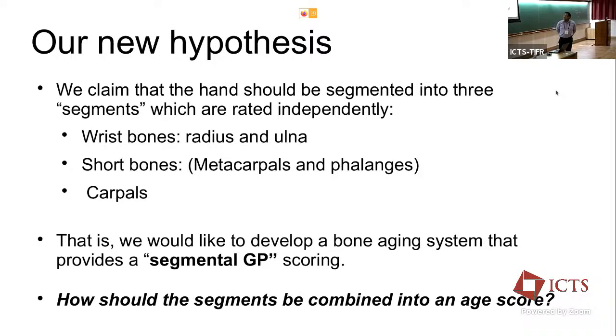We'll call these the wrist bones, the region around the radius and the ulna, the carpals, those are the bones that sit above the radius and ulna in the wrist, and then all the other bones we'll call the short bones. The phalanges and the metacarpals, those are the short bones of the hand. We will therefore divide the hand into three segments. And what we're going to do is try and image the three segments and ask what the rating is based on the segments alone.